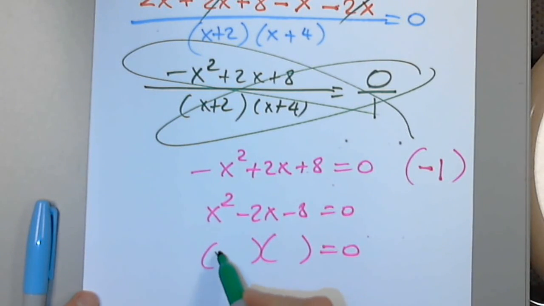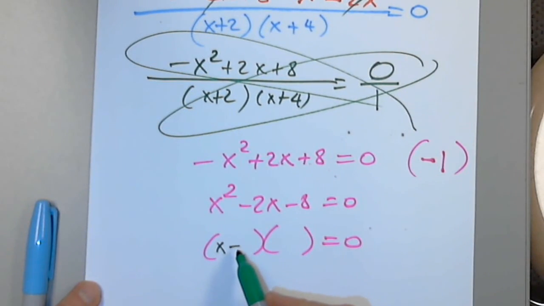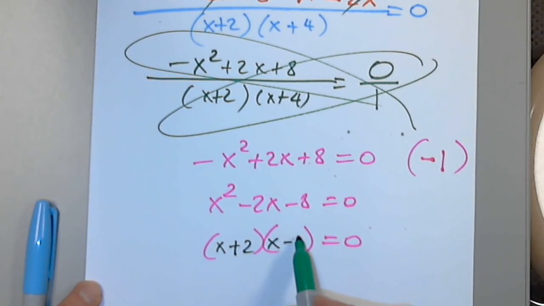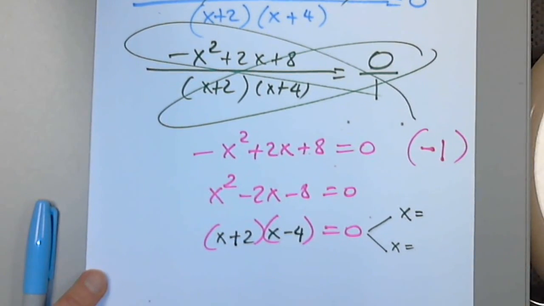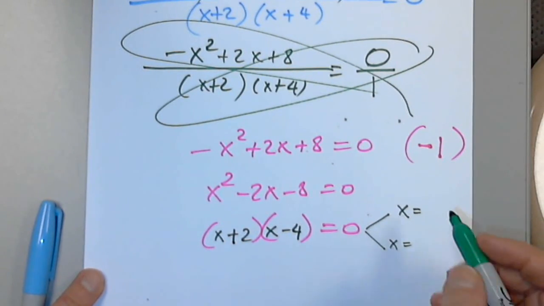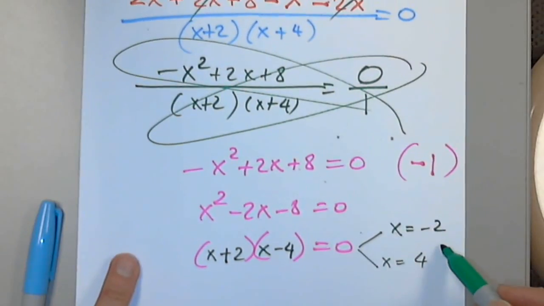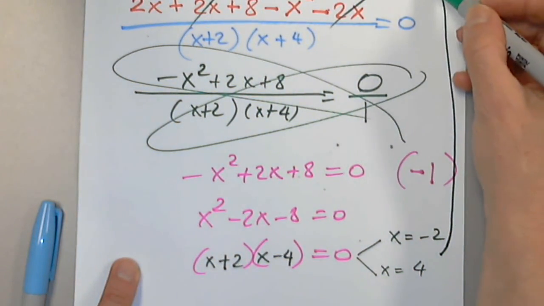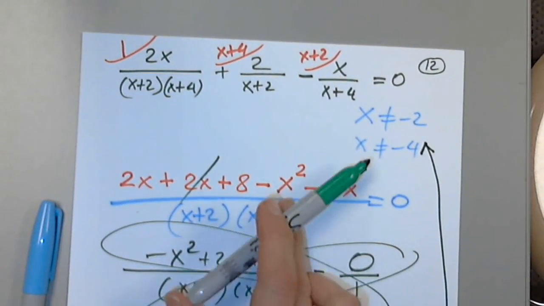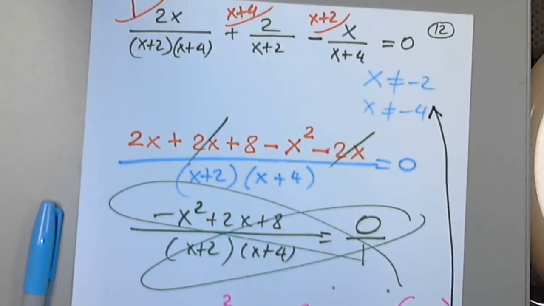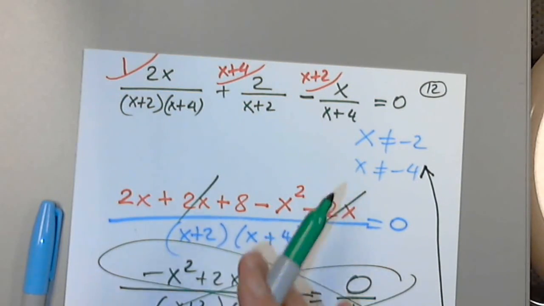X minus 2, x plus 4. Careful, because the sum is +2 and the product is -8, so two options: -2 and 4. That's why I did this. Is -2 acceptable? Nope. Is +4 acceptable? Yes.